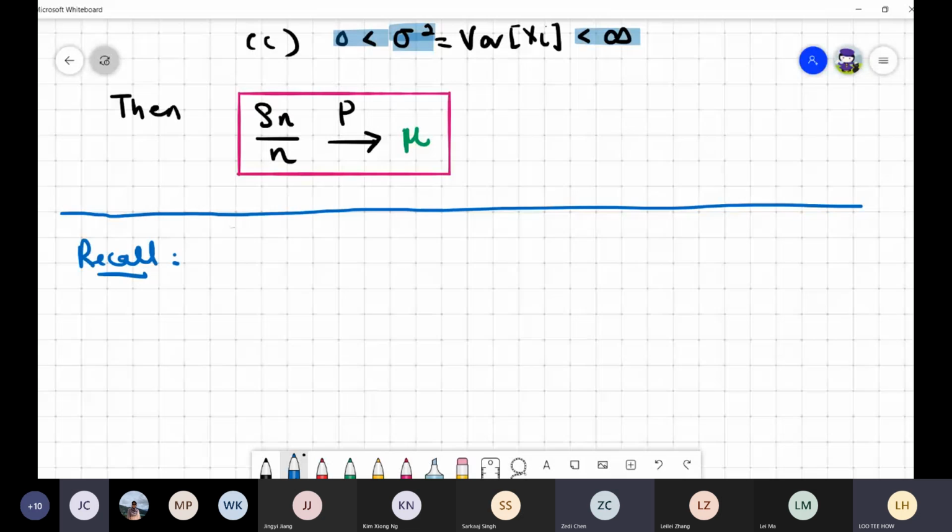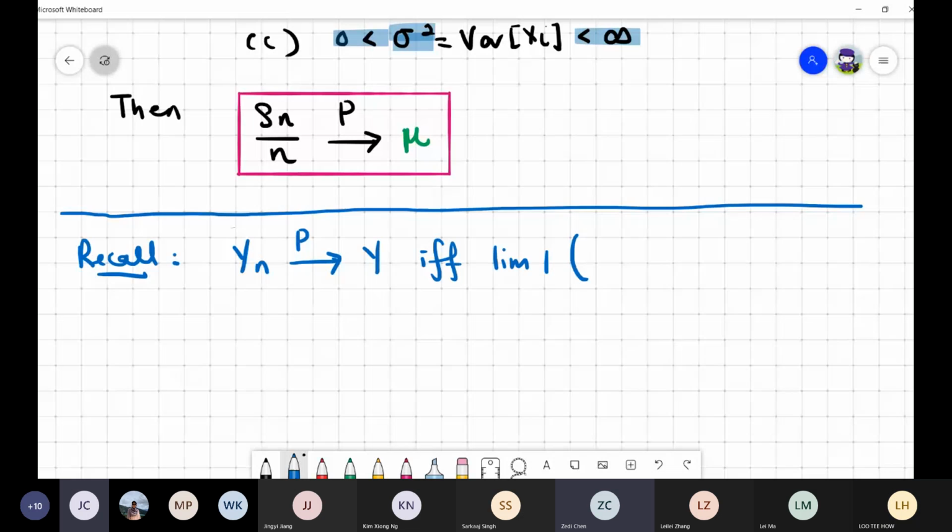Let's say we have a random variable y. Since we're using x, I put another one. We say that yn converges to y in probability, provided that the limit of P of the absolute value of yn minus y greater than epsilon is 0 for any positive epsilon.